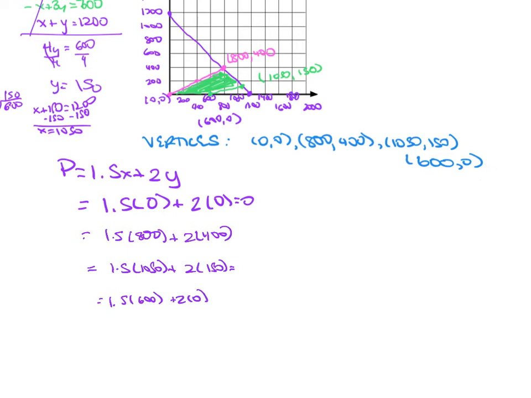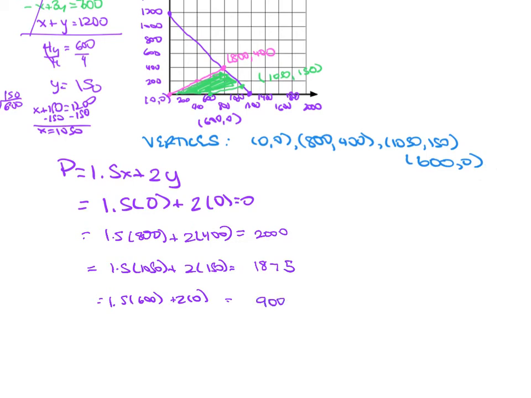That's four of them. Okay, so this is obviously 0. Then 1.5 times 800 plus 2 times 400 is 2,000. Then we have 1,050 and 150, that's going to be 1,875. Then 1.5 times 600, that's going to be 900.